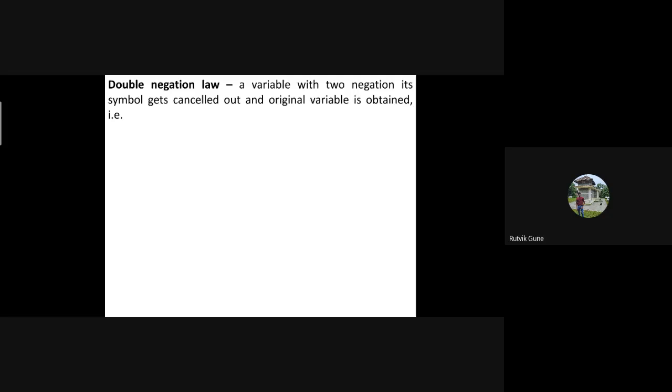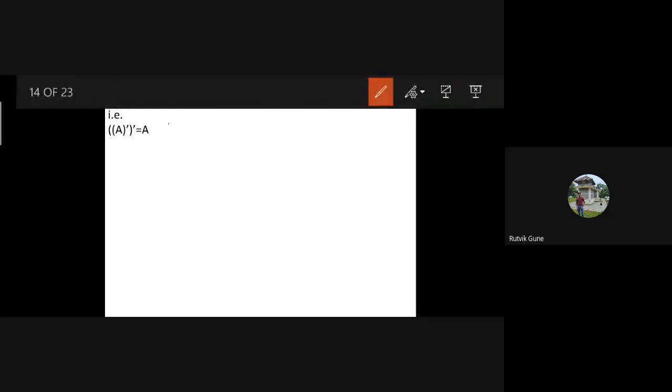This is quite logical. So A bar, the whole bar, is double negation here. What happens is the bar gets cancelled and you have the original variable retained. So this is your double negation law.